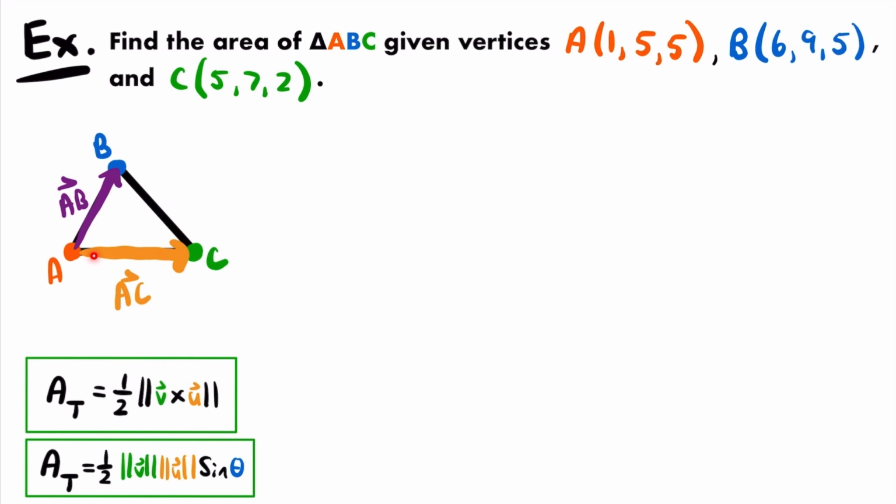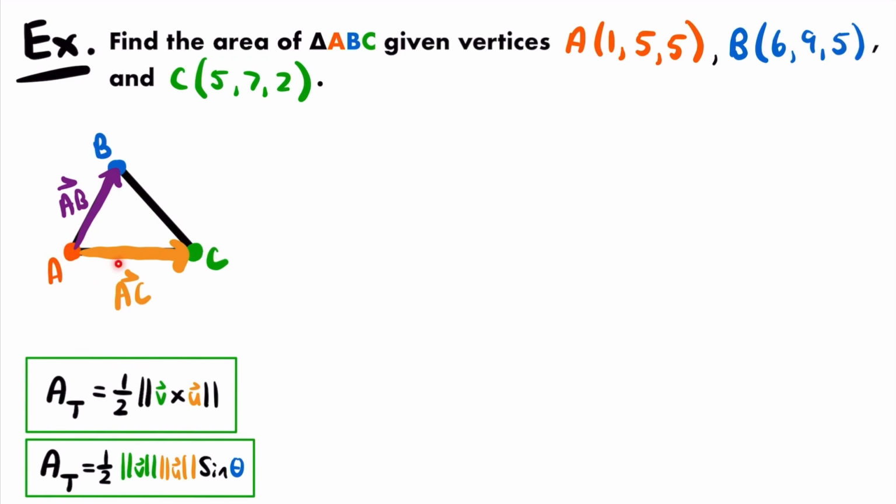Notice that both of those vectors are starting at the same point. You don't have to pick the same vectors that I'm picking here, but just make sure that whatever you pick, they start at the same point. You could choose vector BC and BA, or CB and CA, doesn't matter, just make sure that you start at the same point. In this case, I'm just going to work with point A, so we're just going to be looking at vector AC and vector AB.